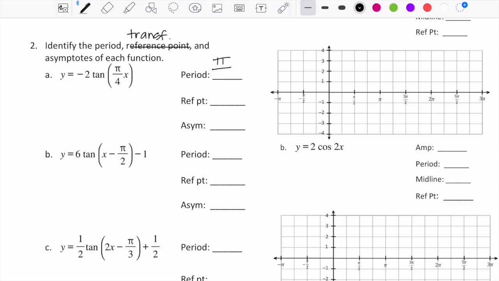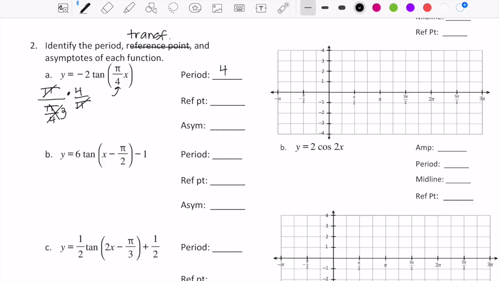So let me show you guys the math for that real quick, because we haven't done much where the number in front of the x actually has a pi in it. So if you do pi divided by pi over 4, only one fraction bar, so we have to do copy dot flip. And then what you notice is the pi's cancel out, so this period is just 4.